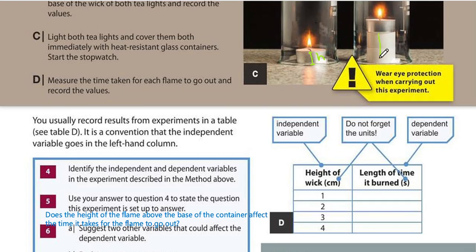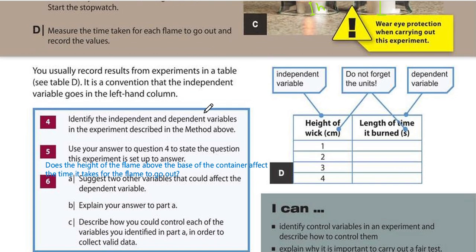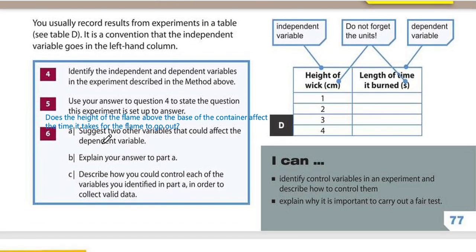Each time they are measuring this height, from here to here. That is something they want to check. Does the height of the flame above the base of the container affect the time it takes for the flame to go out?